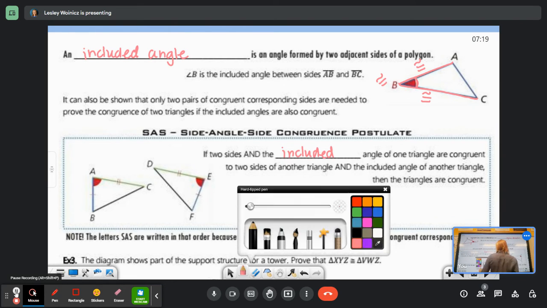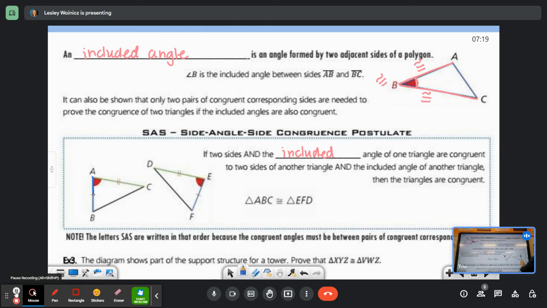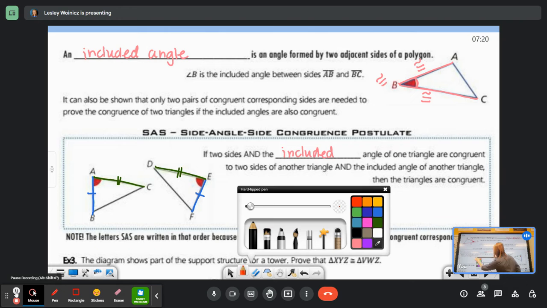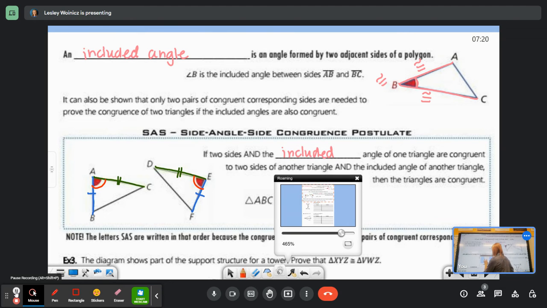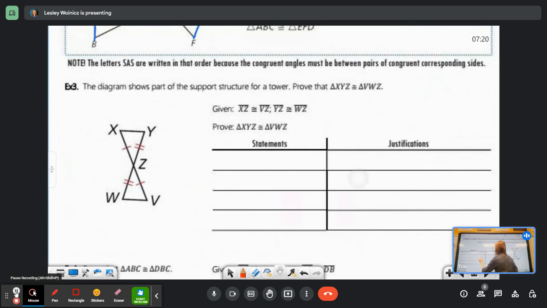So here we have AB congruent to EF, we have AC congruent to DE, and we have their included angles. So we know that those two triangles are congruent by side angle side. Note: the letters side angle side are written in that order because the congruent angles must be between pairs of congruent corresponding sides. So it's got to be an angle sandwich.